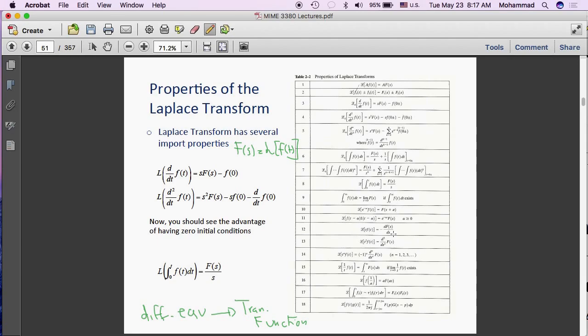We talked about the Laplace transform of time derivatives of functions, first and second, to name two, and also, at the bottom left, the Laplace transform of the integral of a function. So the Laplace transform of the integral of f(t) dt is F(s), where F(s) is the Laplace transform of f(t), divided by s. So an integral is equivalent to division by s.